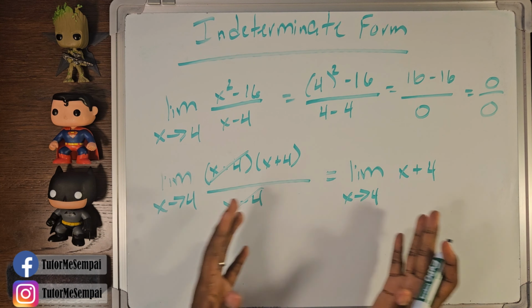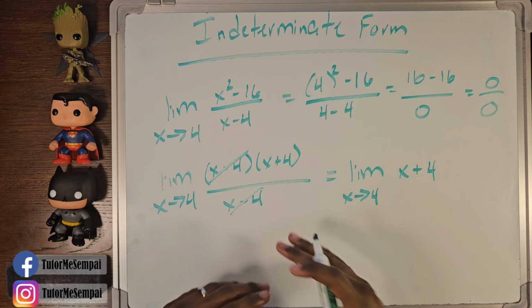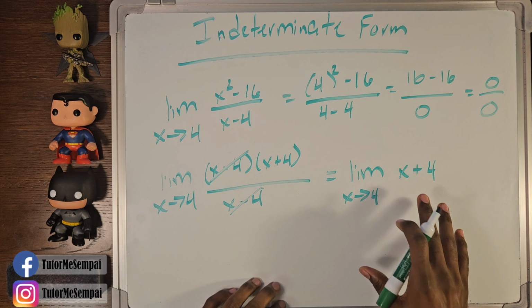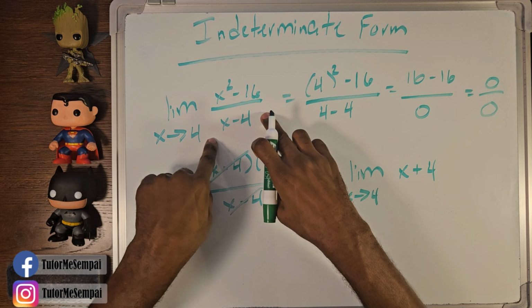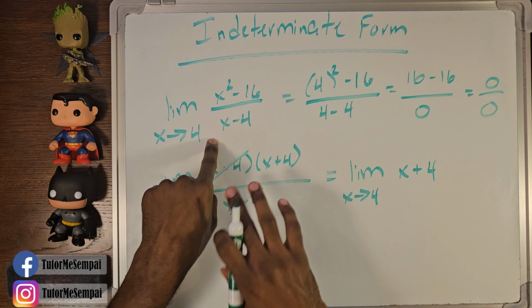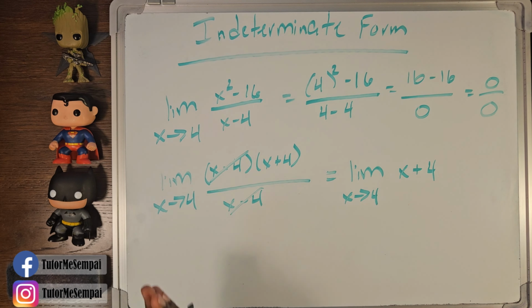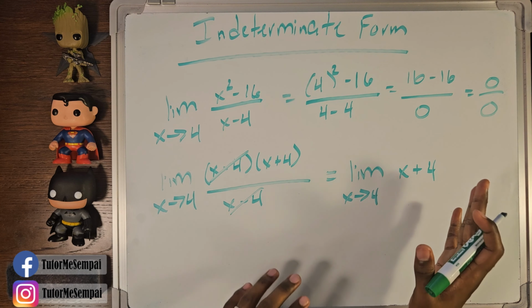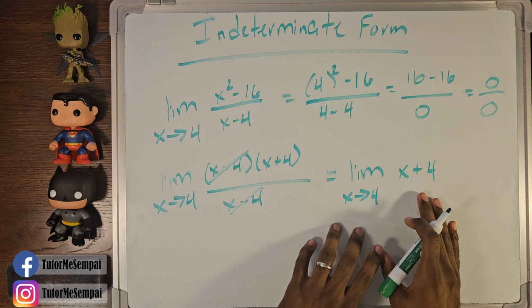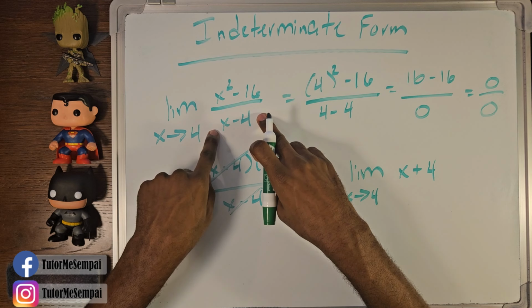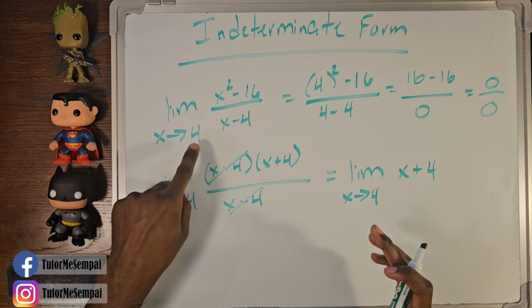Now we've already talked about in my previous video on continuity that the limit of x plus 4 is going to be how this is going to react everywhere else except the hole. If you hadn't seen that video on continuity and limits, you can check it out right up here. But this is going to be the behavior of this function everywhere but at 4.